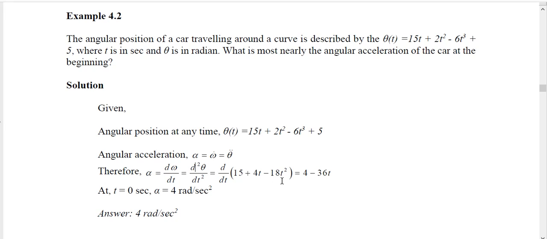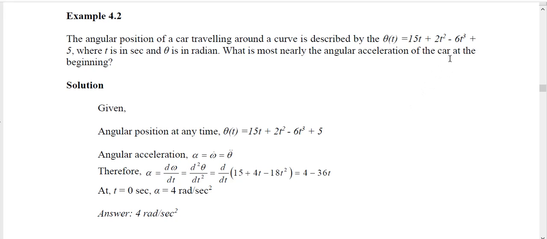T to the power 0 is 1, so it is 4. And this 2 will come down, 36, and t will be t because the power decreases by 1, so 36t. That is the result of the differentiation after 2 times.